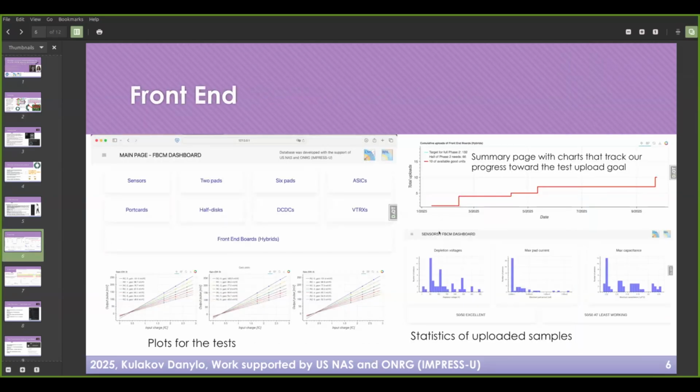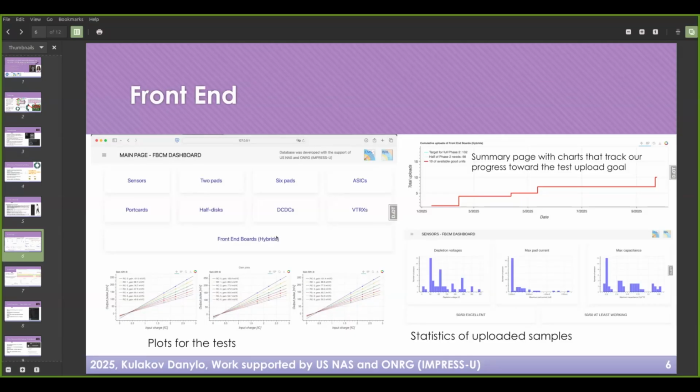And that's how our front end looks like. Here we have our main page. On the main page we can choose which component we would like to work with today: sensor, 2-pad, 6-pad, ASIC, port cards, half disk, DC-DC, VTRX, and front-end boards.